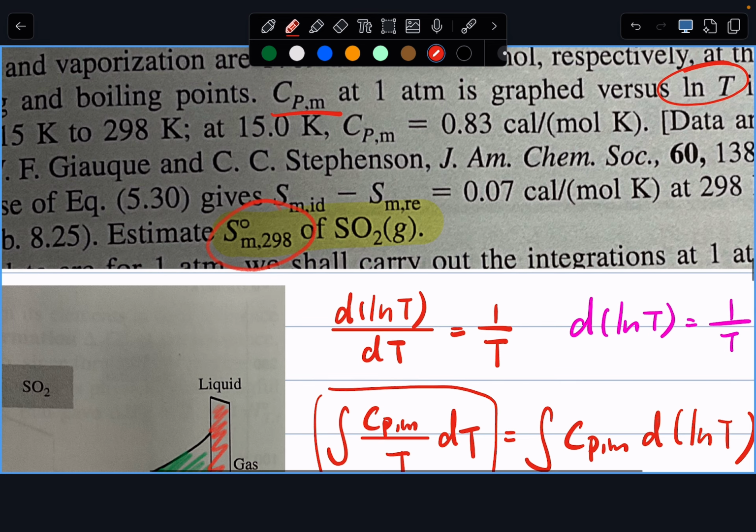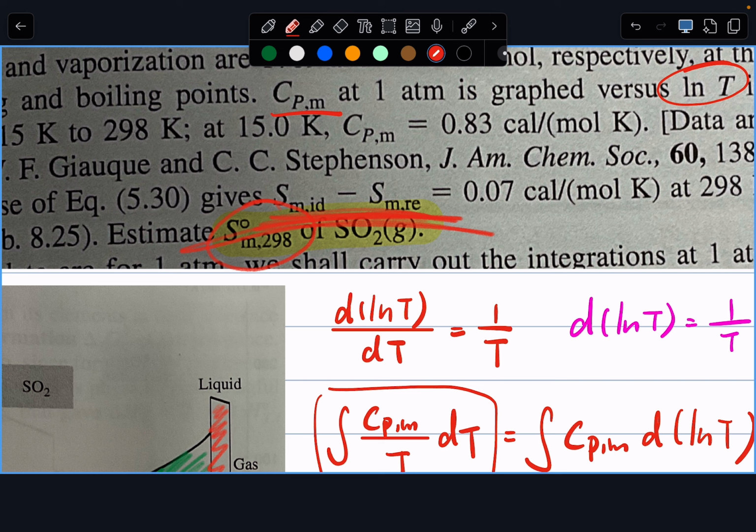That's why the question gives you this transformation between ideal and real gases. You're reading the question and thinking, I didn't use this number, where does that come from? That's where it comes from. The experiment was done for real gases, but for the standard state, we want to convert it into an ideal gas.